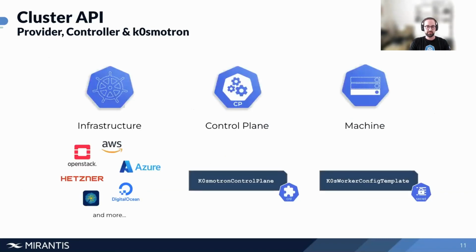So when we look back into these three, there is a controller that is handling the infrastructure, a specific controller that is, for example, talking to OpenStack. There's a controller that is looking into the control plane. And there's a controller that is looking to create the machines in the infrastructure.